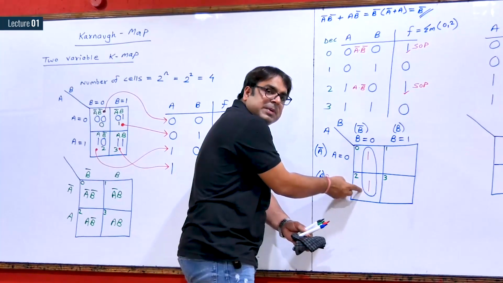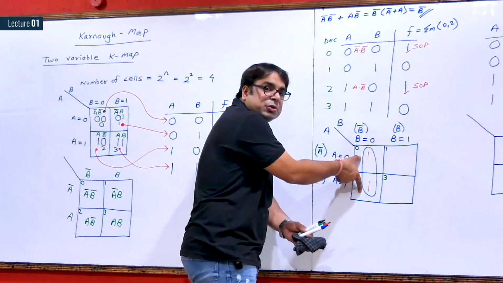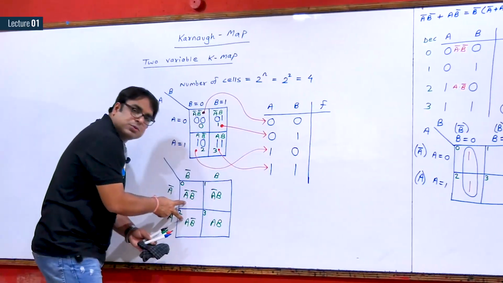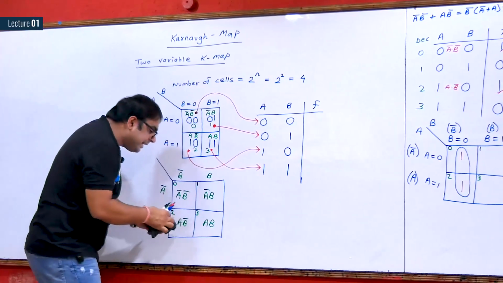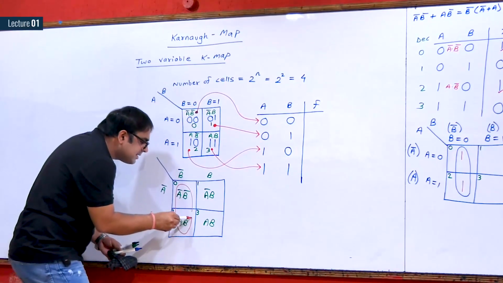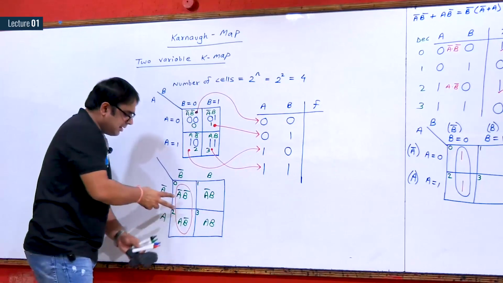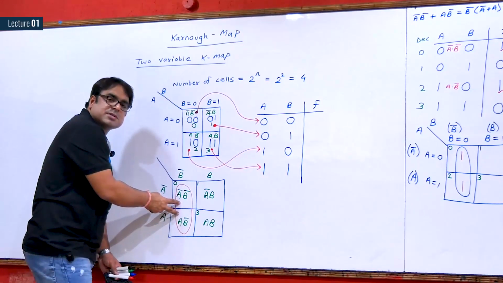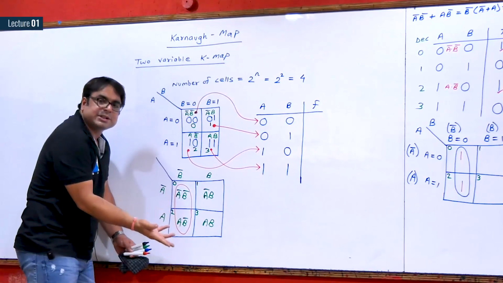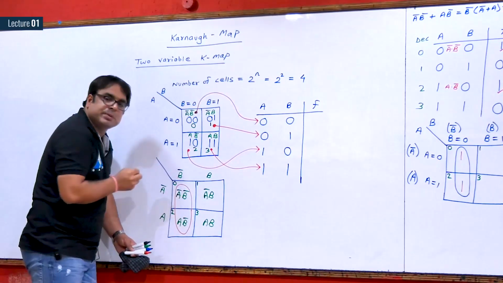This is A dot B complement. Please see 0 and 2. What it actually means is you are grouping these two. Grouping 0 and 2 means these are the two terms. You yourself can identify what answer I should get. I will get B complement.